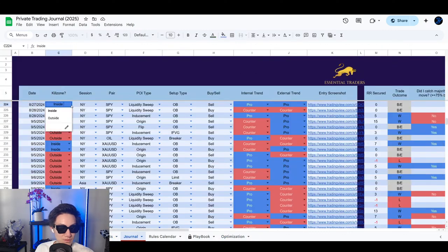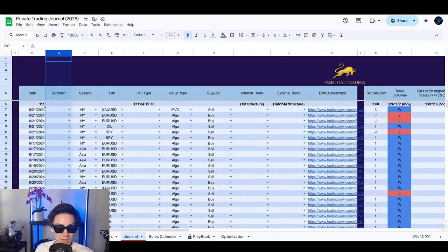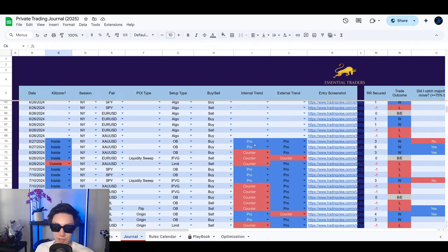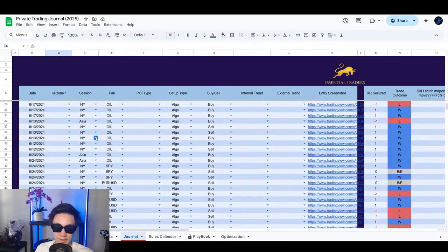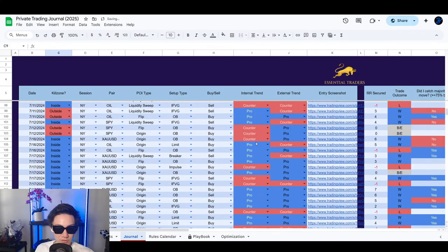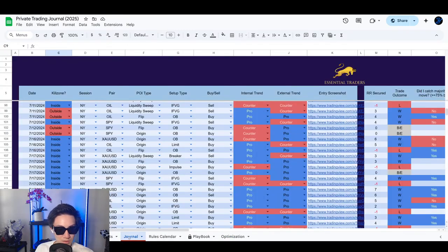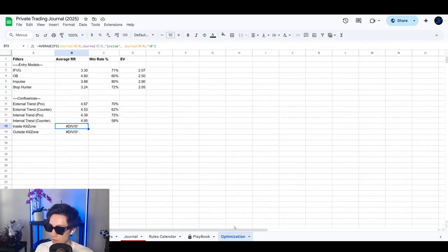So no difference here. How's this not working? Oh, wait, no, because I don't have data here with these, but internal and external trend worked. Interesting. I'll have to look into this.